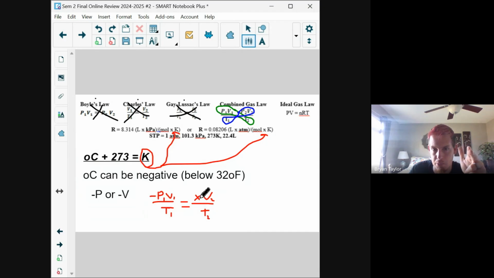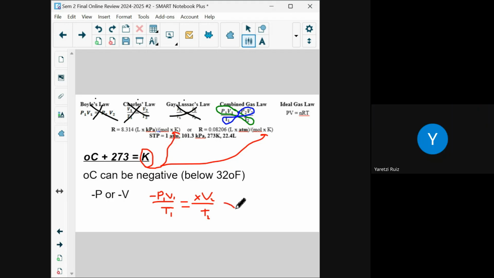What sign is this number going to be? If this is negative and these are positive, and these are positive, what does this have to be? Negative. Yes.